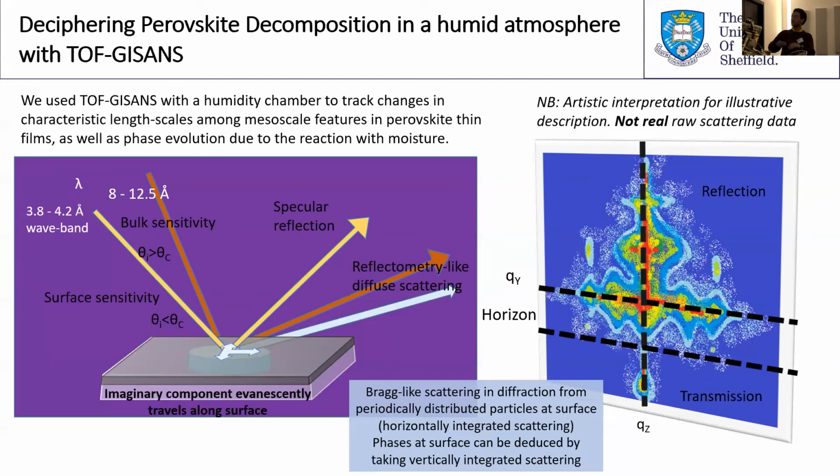Your vertical integration can be used to look at phases in the film. You can use a bulk vertical cut to look at layers in the film, or you can just look at the surface.